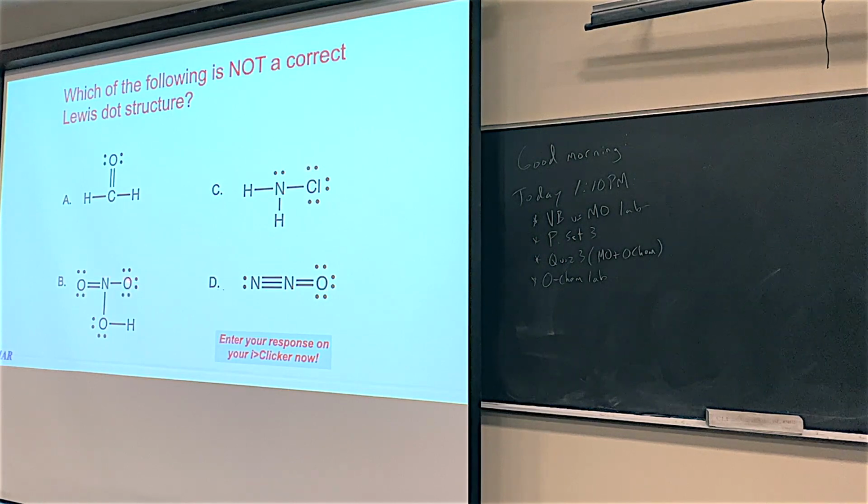But this one right here has 3 lone pairs and a bond. What would be the formal charge on that oxygen right there if you figured it out? -1. -1, outstanding.